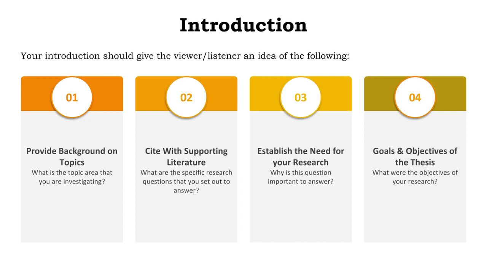Okay, next is number 2. Number 2, cite with supporting literature. What are the specific research questions that you set out to answer? In every research topic, there's usually a question that you're setting out to answer because you're setting out to resolve a problem. Maybe you're looking for a different way to do something.